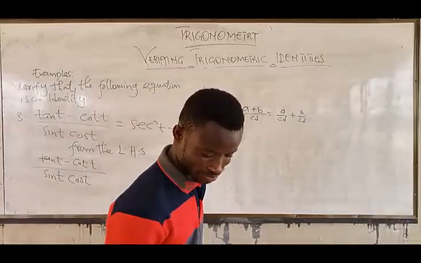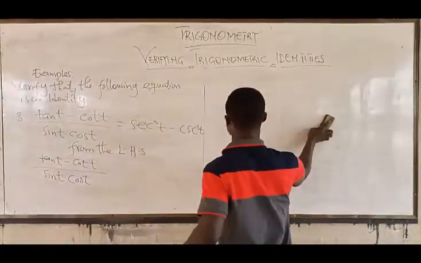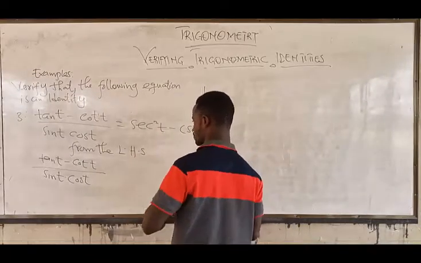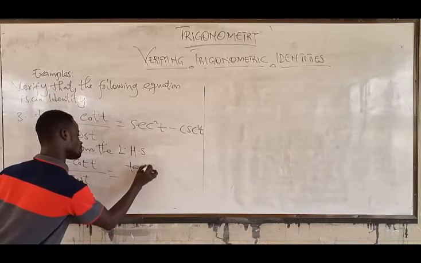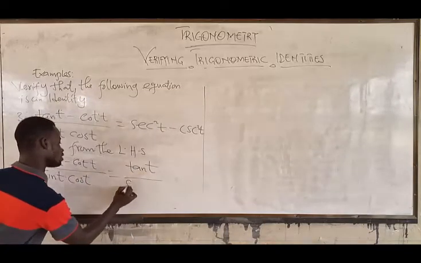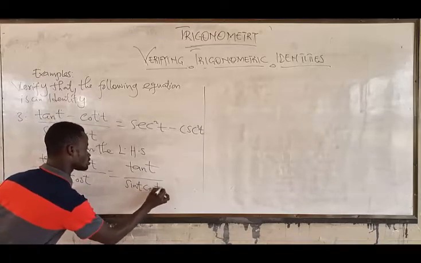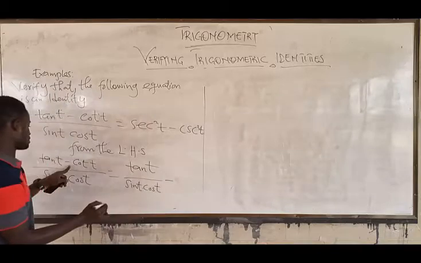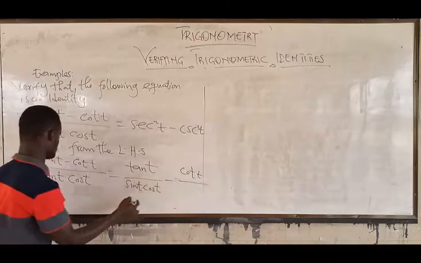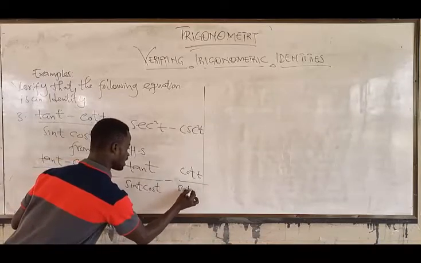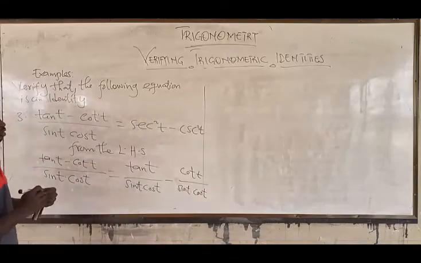Therefore, we can write this as, therefore this is the same as tan T over sin T times cos T minus cot T over sin T times cos T. Nice.